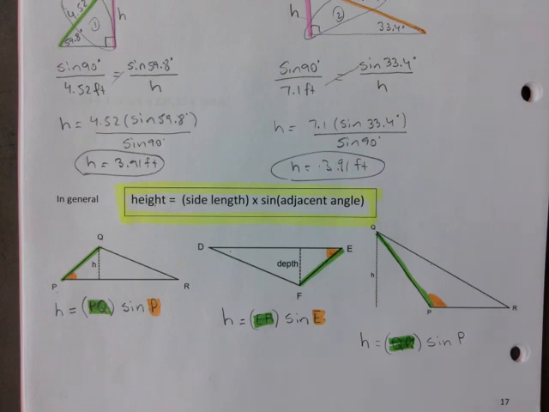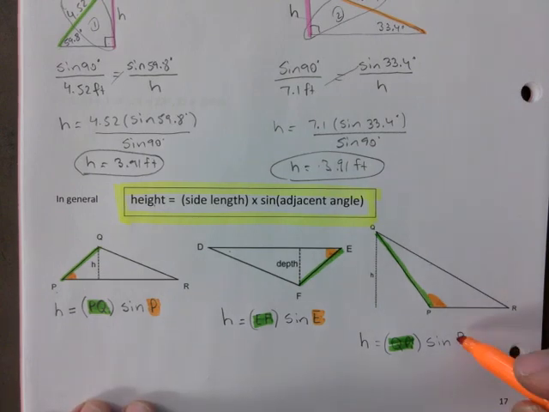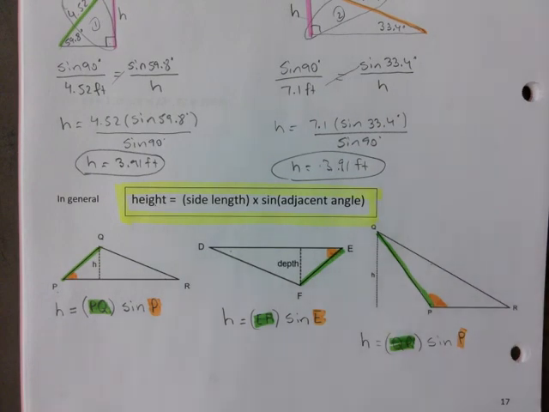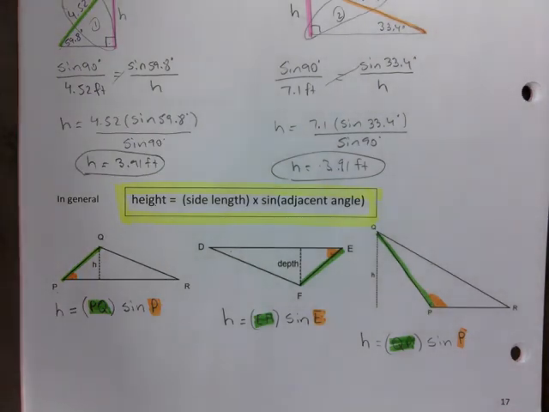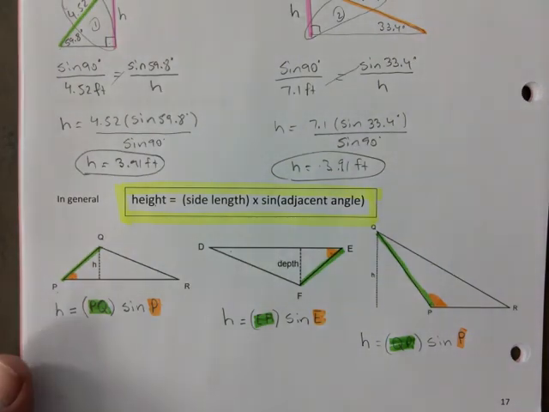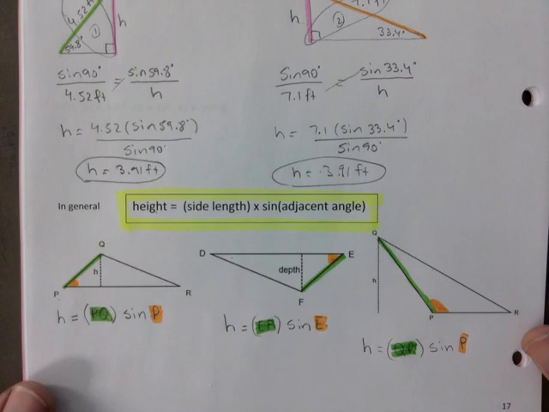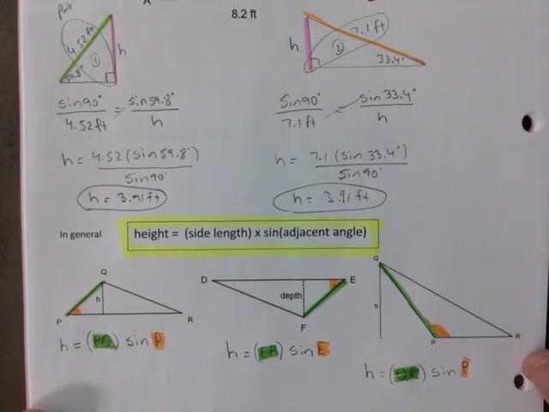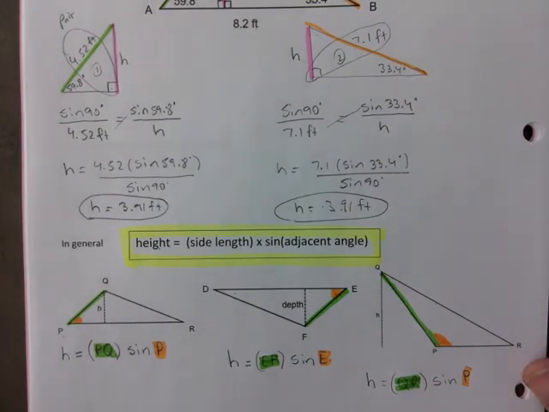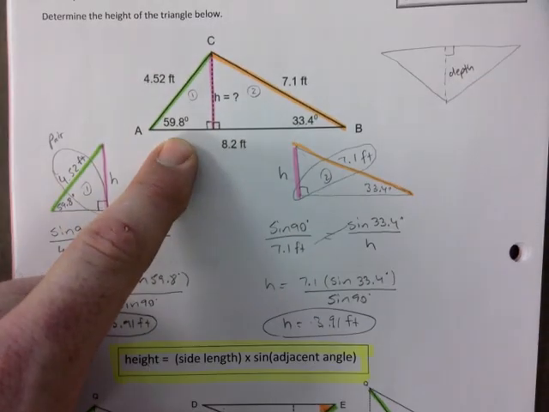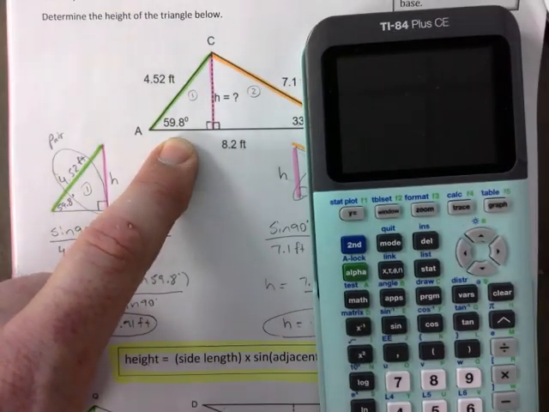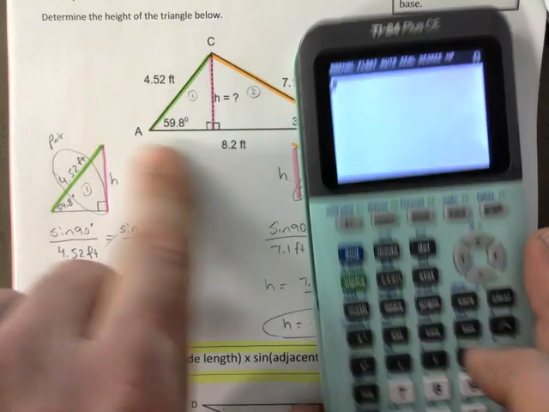Let's try it. Let's put it to the test right now. Because I don't know. Sometimes I trust Mr. Dirksen. Sometimes I'm like, I don't know. You're making stuff up here. This is not going to be in any textbook, by the way. It's just, I just find it so much faster. I like patterns. So let's try it out with this triangle up here that we just did, without writing anything down. You're just going to be like, hey, I wonder what the height of this thing is.